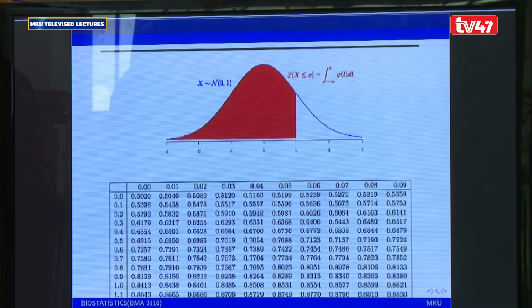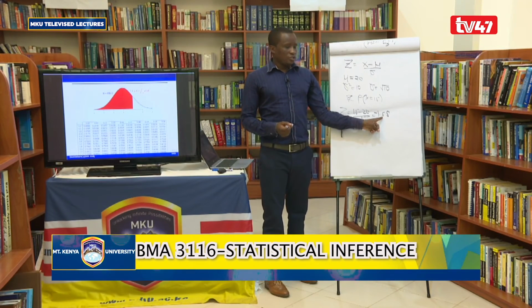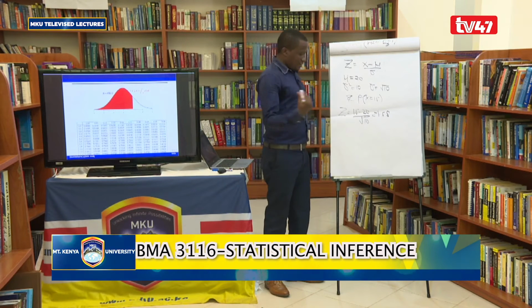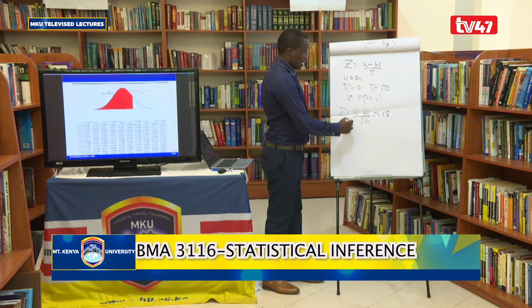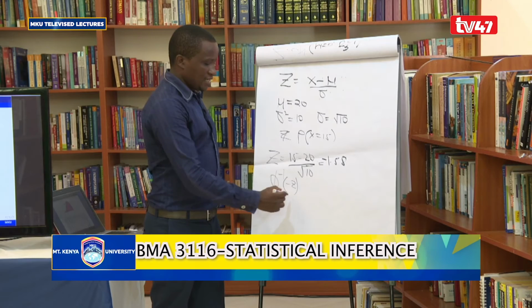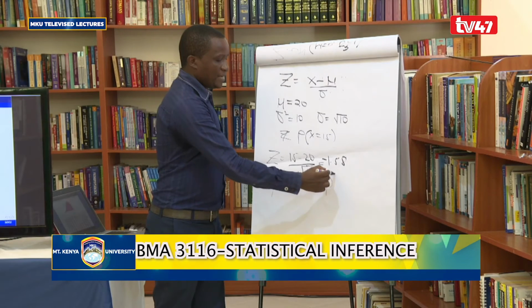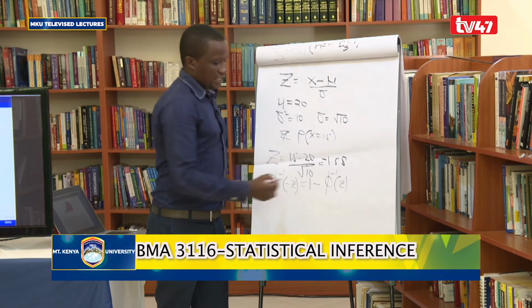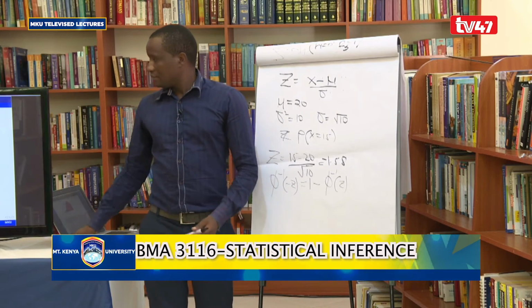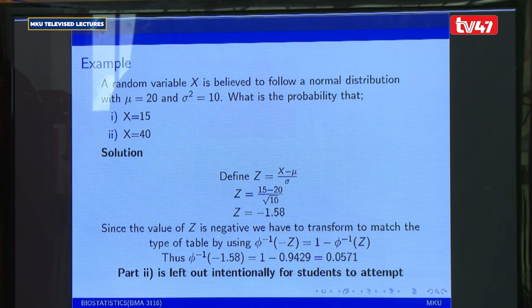Now, you observe that the values given in that illustrative table there have z being positive. So, there is no way you can read this directly from the table. So, what you do, you have to make conversions. That probability there is normally abbreviated by phi. So, we want phi of a negative value of z. This is equivalent to getting 1 minus the probability when z is positive. So, in this case, we observe that the value of z when it's positive in the table will be 0.9429.